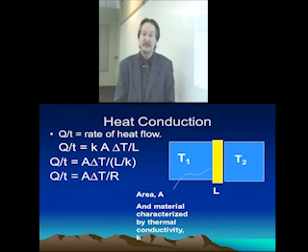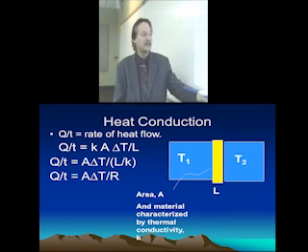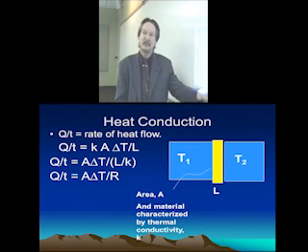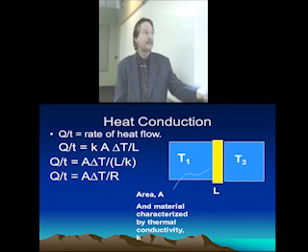So the window has a certain area, has a certain thickness. It's comprised of a material that we can characterize by thermal conductivity. Again, that's a material property, just like specific heat would be a material property or density.